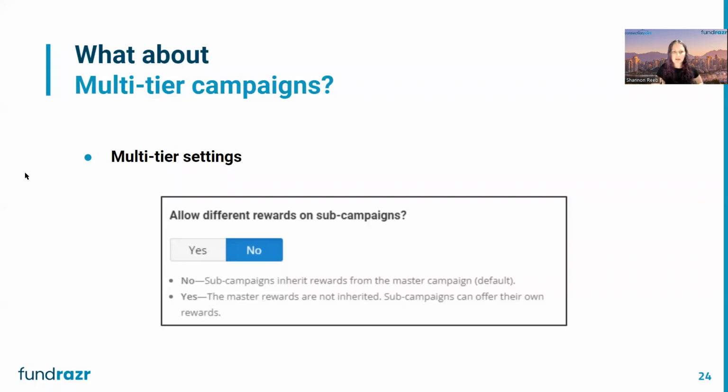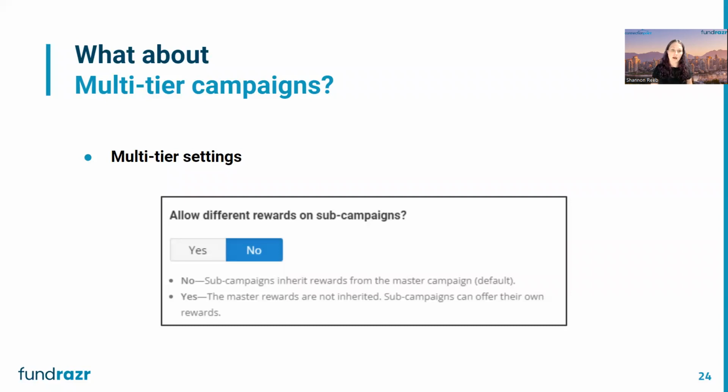And what about multi-tier campaigns? Like I said, you can have rewards on all of our multi-tier campaigns. Just make sure that if you have a peer-to-peer or a DIY type campaign, you know where those perk or product items live, and that's in the story tabs. But when it comes to sub campaigns, you do have a couple options.